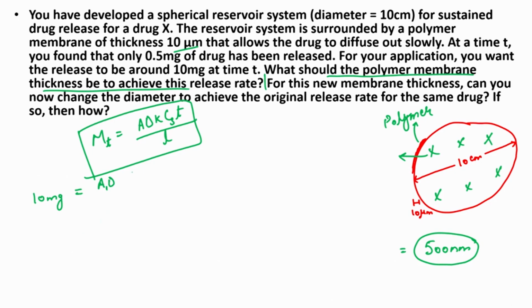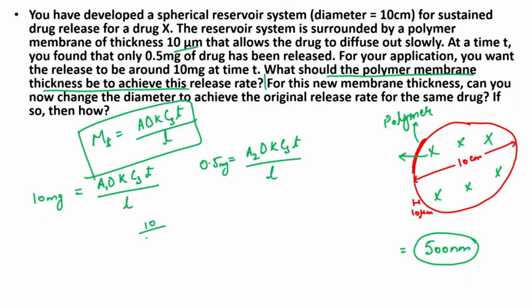So, I will define them as A1 and A2, will be D K C_s t by L. L in this case will be 500 nanometers. So, I do not need to change that, but what we want is in another case we want the original release rate. So, another equation in the new device will be 0.5 milligram will be equal to A2, the new diameter, D K C_s t by L.